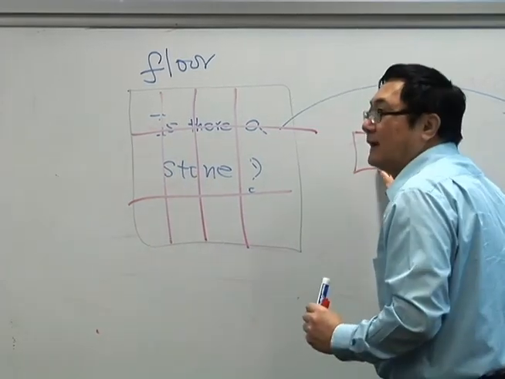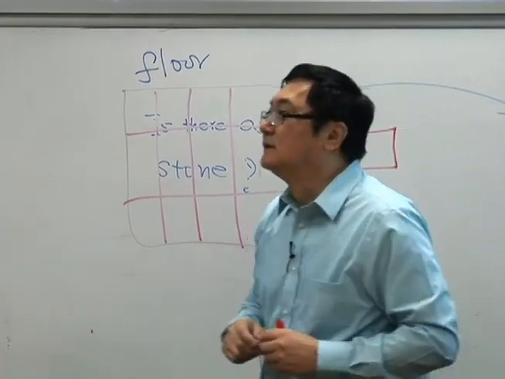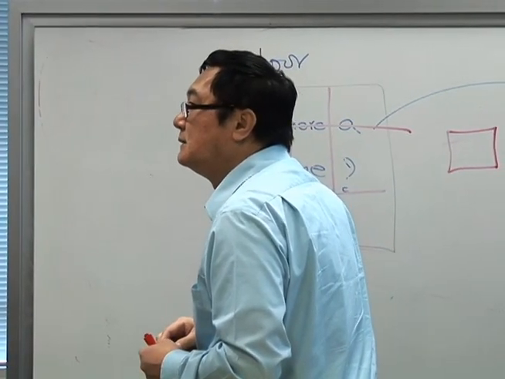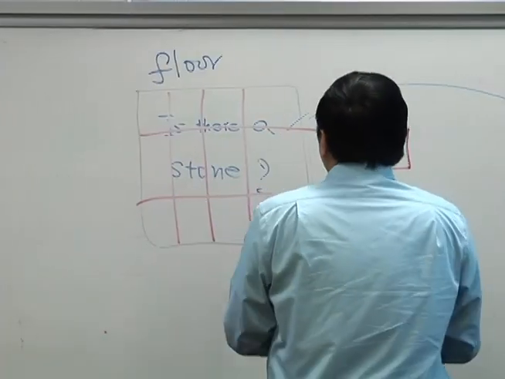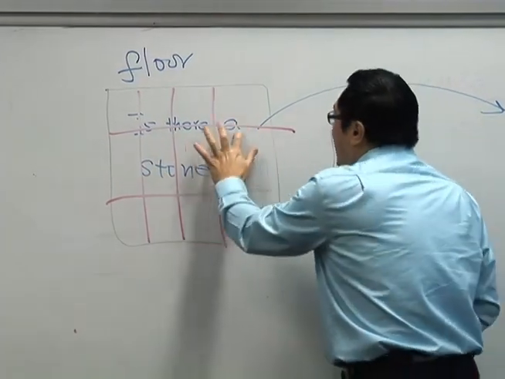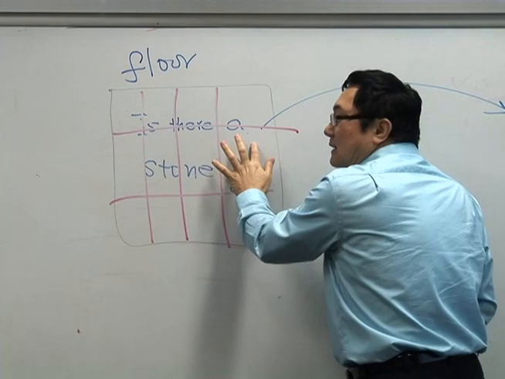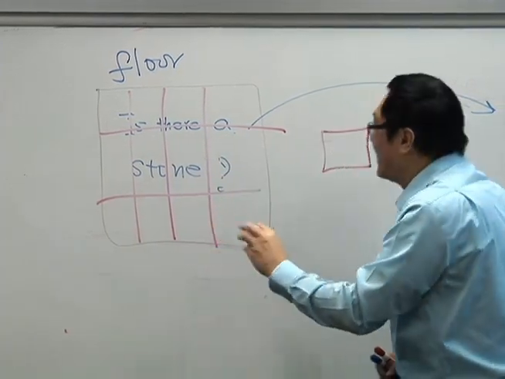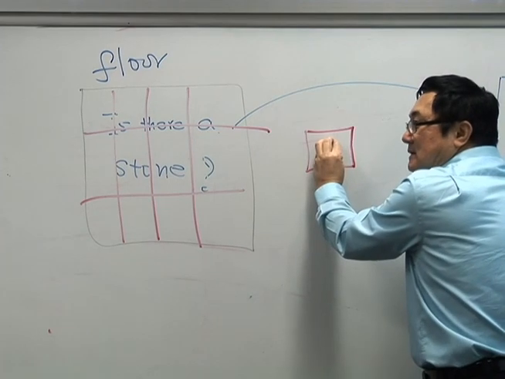So any suggestion? Let's make it simple. Assume it's rectangular. Yes. I'd make my grid squares slightly smaller than my stone square. Okay. That means what he said is that the size of each cell is slightly smaller than the stone size.